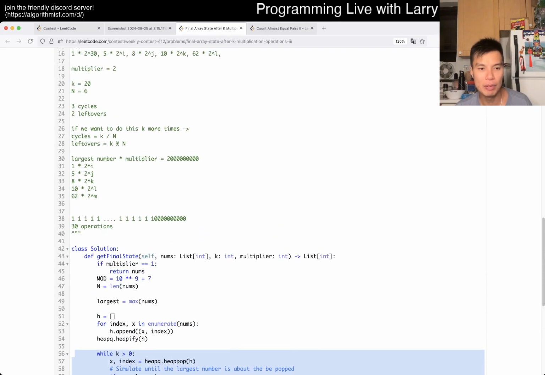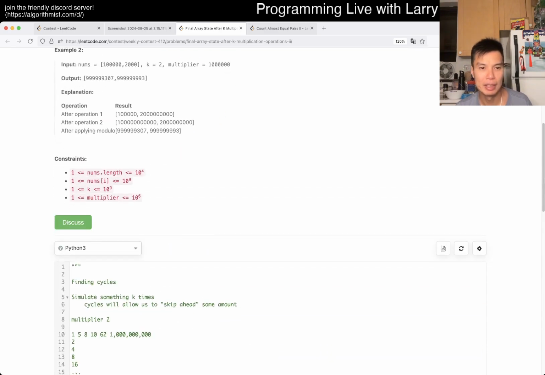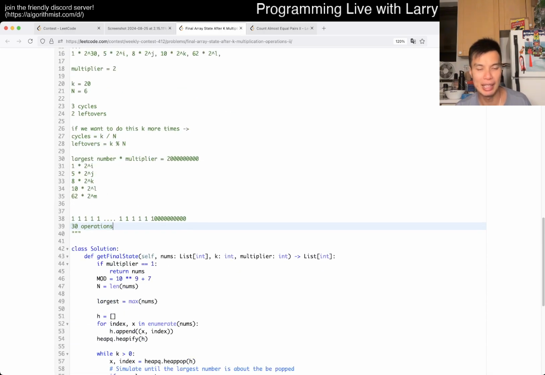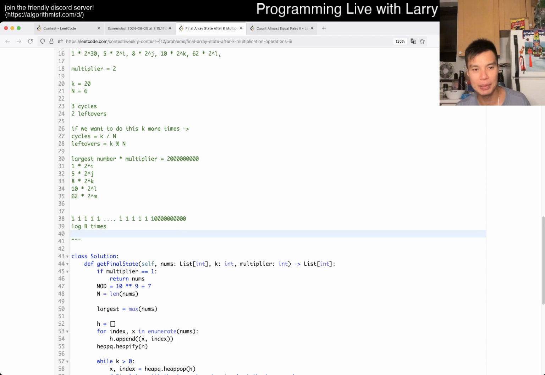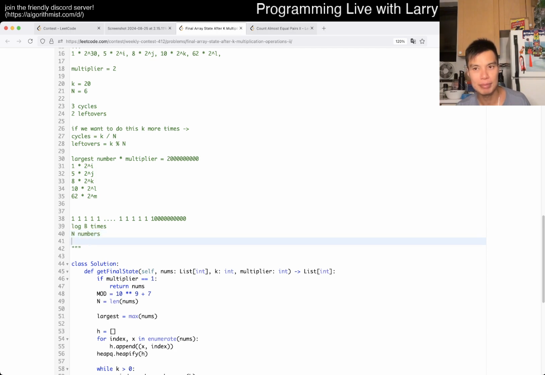As a result, this is going to be log b, where b is the biggest number, which is 10 to the 9, or 30 bits. So at most this is log b iterations per number, and we have n numbers.